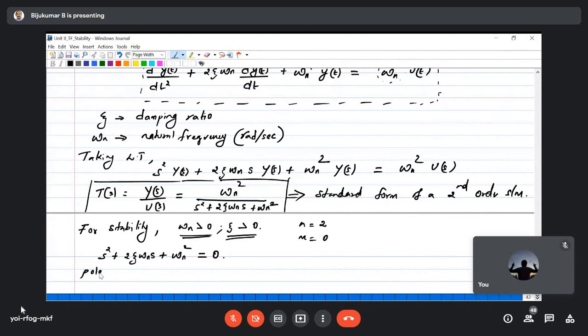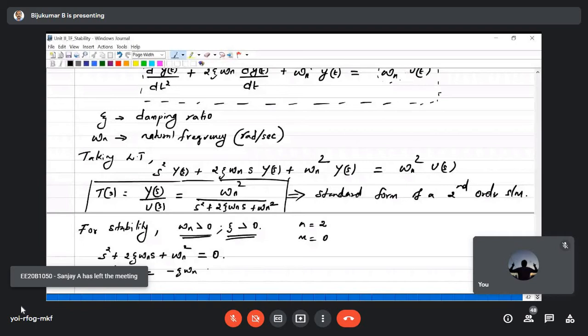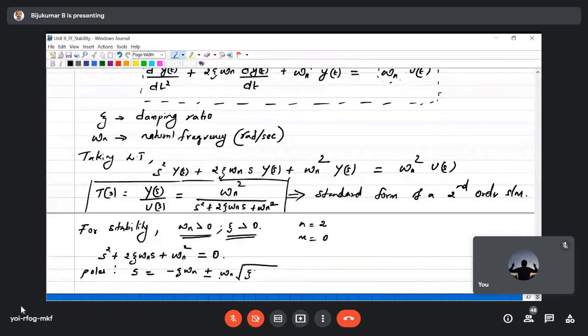It will be like this. Using the formula s is equal to minus b plus or minus root of b square minus 4ac by 2a, if you apply that concept, you will get minus zeta omega n plus or minus omega n into root of zeta square minus 1.